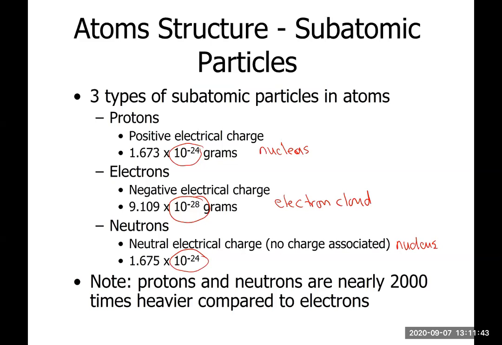So if we talk about this a little bit further, that tells us that the protons and the neutrons give an atom its mass, while the electrons give an atom its volume. More electrons, we have a larger atomic radius, or a greater volume.